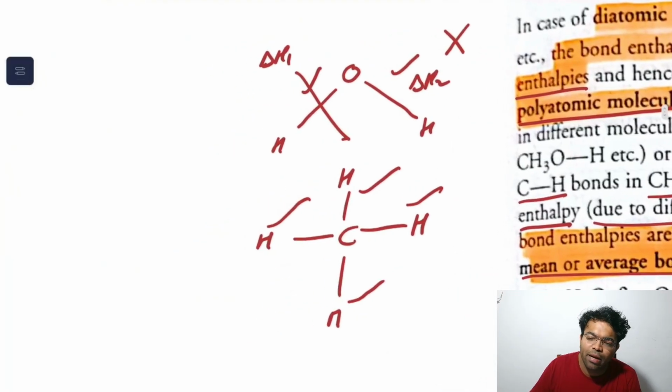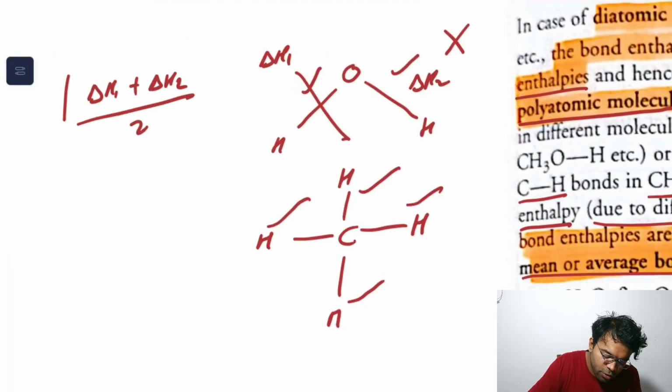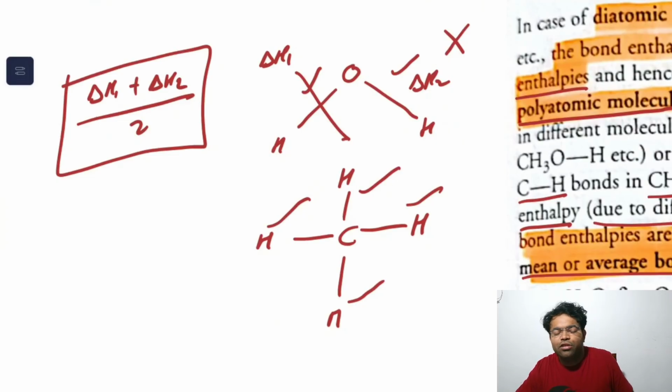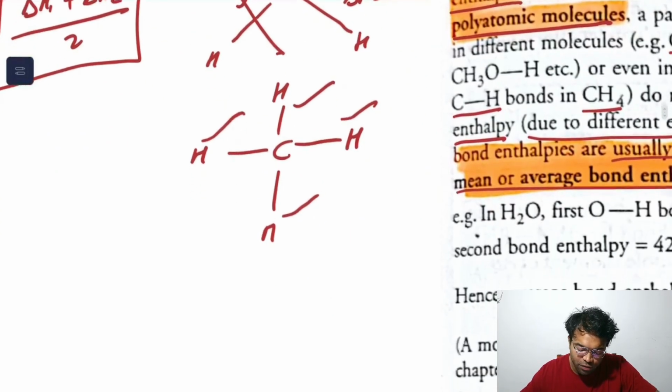So the bond enthalpy of O-H in water will be (delta H1 plus delta H2) upon 2. It will be the average of these two. Okay, it will be known as the average of these two.